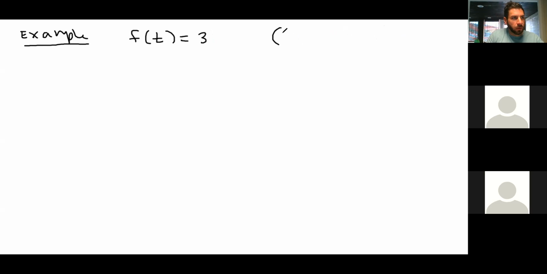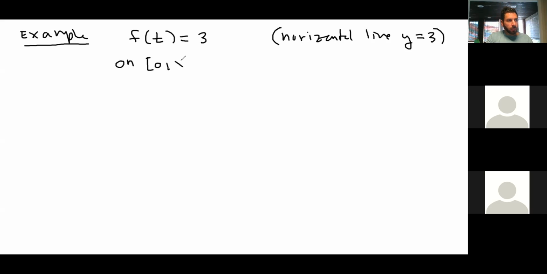So this is the horizontal line y equals 3. So let's study it on 0, comma x. So let's draw this picture.